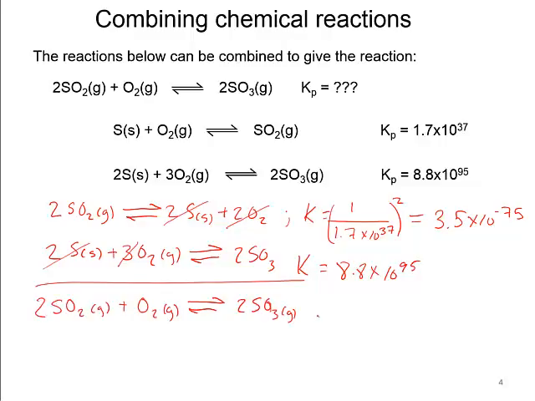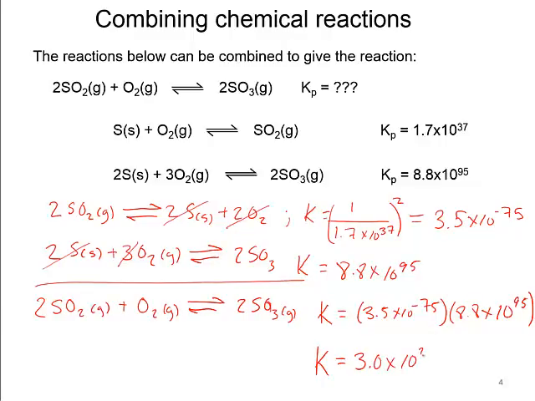And now the value of K will just be the multiplication of the two K values, so 3.5 times 10 to the minus 75 times the second K value, and K for our reaction is 3.0 times 10 to the 21. And so you can see that sulfur trioxide is heavily favored when oxygen is present with SO2.